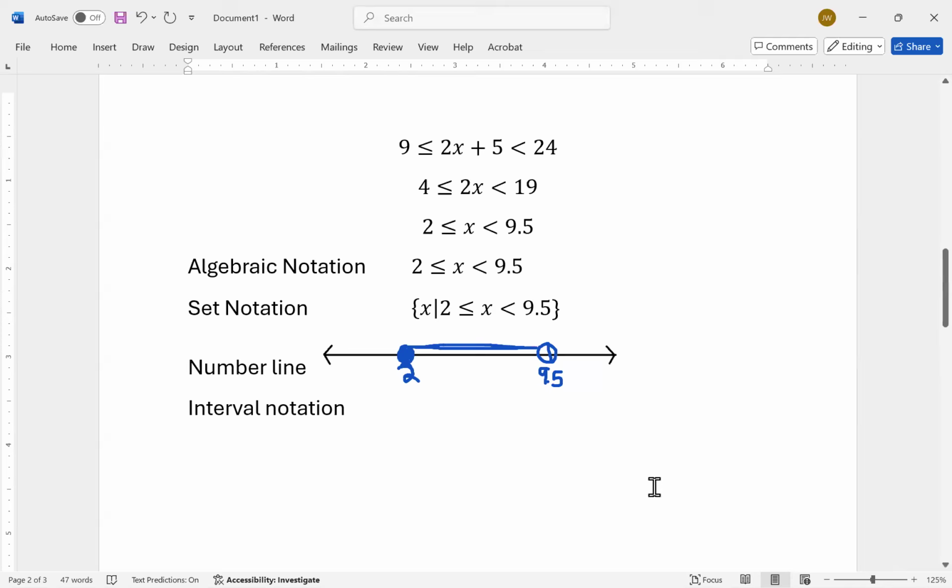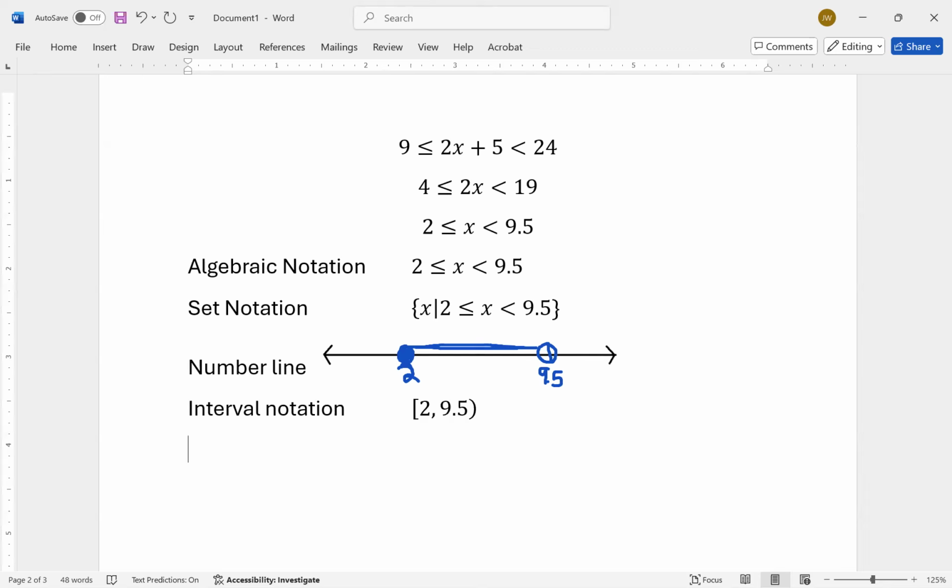Now let's go ahead and do the interval notation. We can see that the lowest value in the interval notation is 2. The highest acceptable value goes up to 9.5. Since I have an open circle at 9.5, I'm going to put a parentheses on that side. Since I have a closed circle at 2, I put a square bracket, or a closed bracket, at the 2.